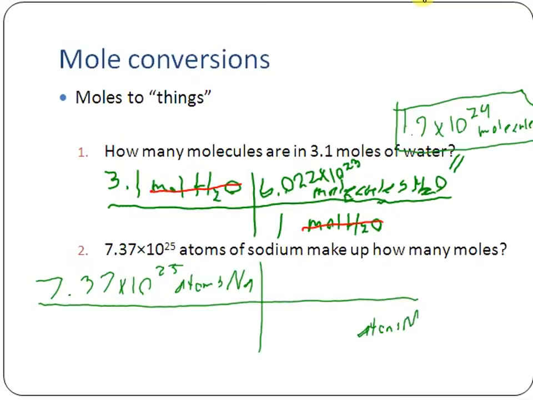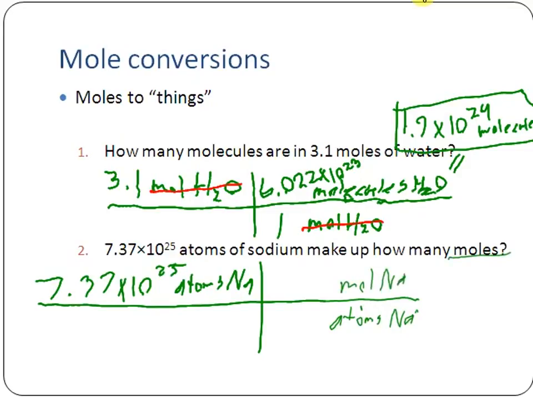That didn't look like an N at all. So atoms, I cannot write today. So atom sodium, like this. We want to go from atom sodiums to how many moles. So we're going to have mole sodium on top. The question is, how many atoms in a mole, or how many moles in an atom?